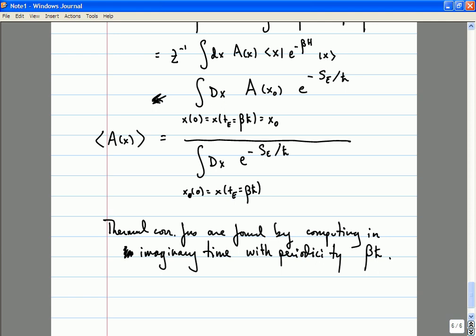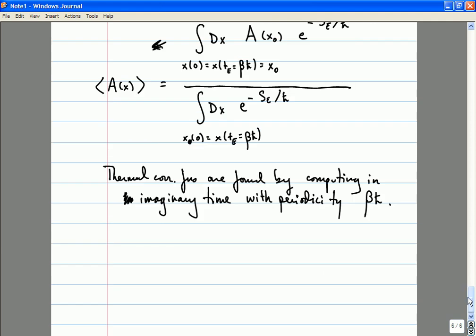So if you want to think about it in your head, you should think about taking the complex time plane and wrapping it up into a circle, or wrapping it up into a cylinder, so that Euclidean time is periodic with period beta, and Lorentzian time is the horizontal direction, which of course is infinite.